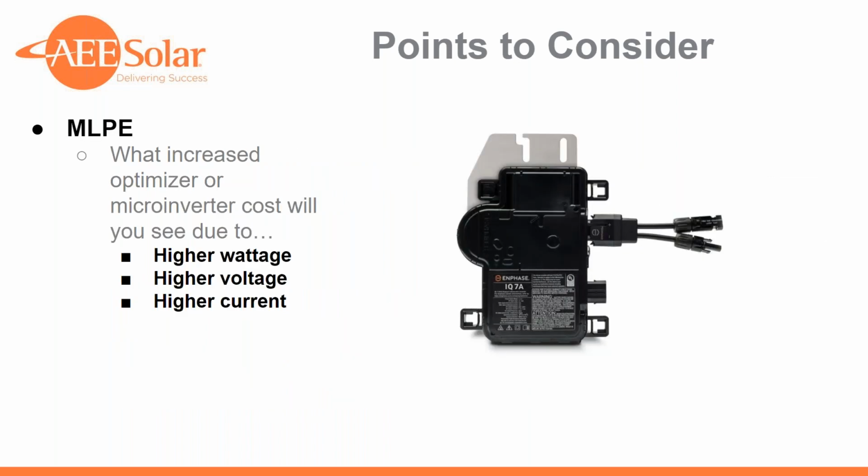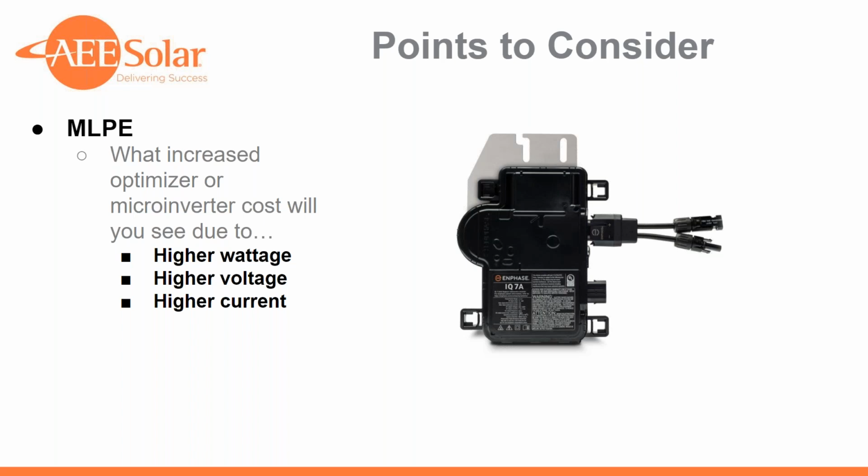Other points to consider is MLPE, module level power electronics. Through 2014 and 2017, we're seeing somewhere around 80 to 85% of the market in the United States on either SolarEdge or Enphase, which is great in terms of functionality and optimization and mitigation of shade, but more so than string inverters, you really got to think about which equipment pairs with which modules.